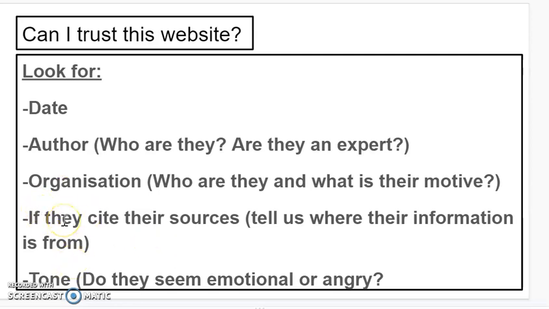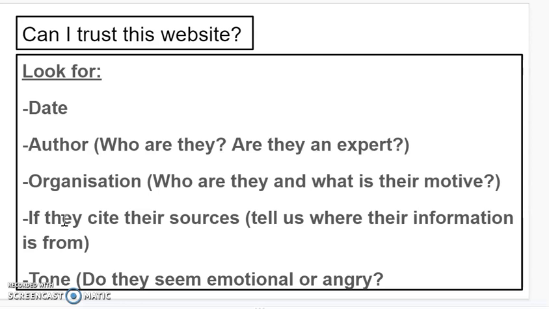Number 4, do they cite their sources? Do they tell us where their information is from? If they're making some claim like 20% of people are going to lose their jobs from coronavirus, well, you go, well, where's that information from? Is it from the New Zealand government? Is it from the New Zealand Business Council?